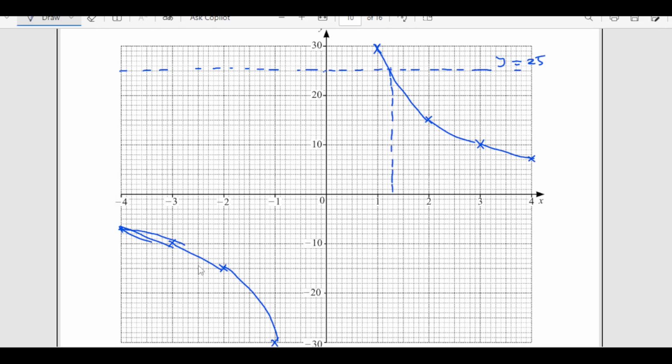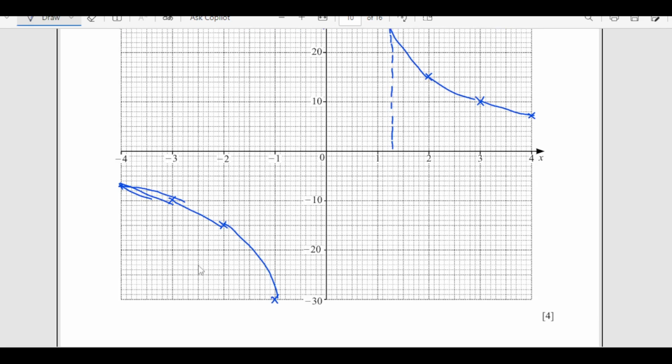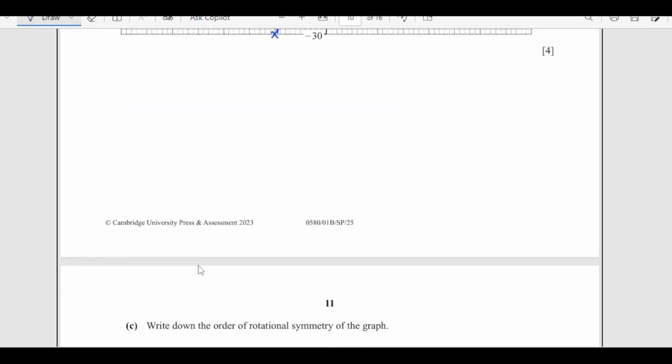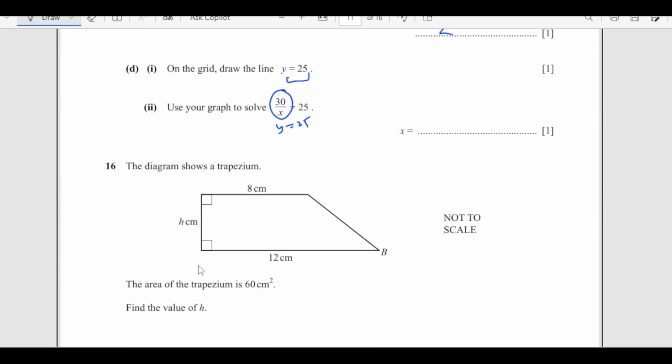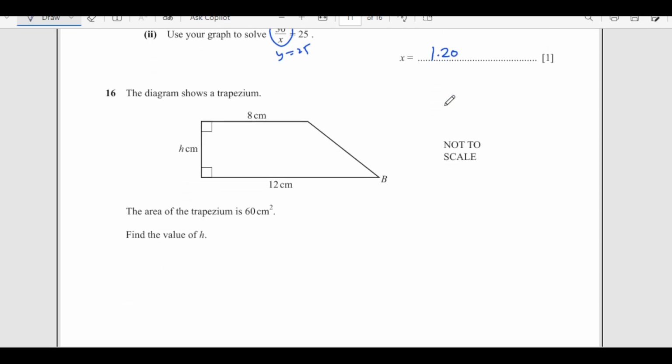This is approximately 1.2, so it may be 1.20, 1.15 or 1.25. My answer is coming out different, but yours will be an exact graph, so you are going to get the exact value, right.